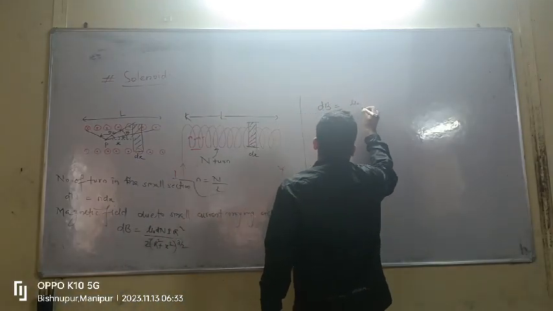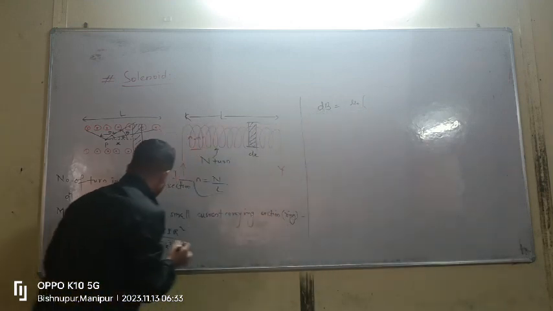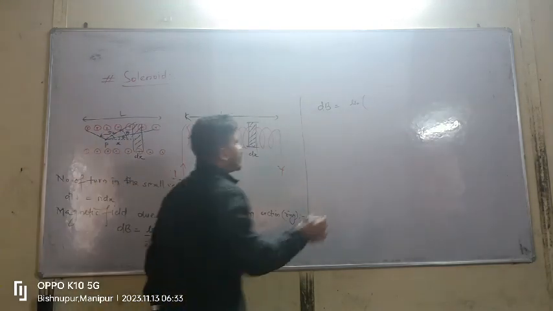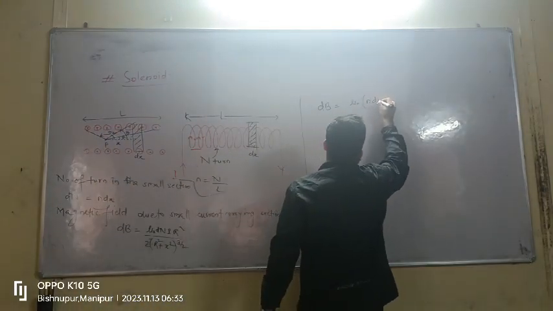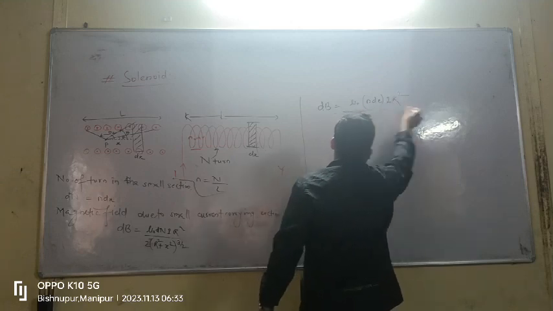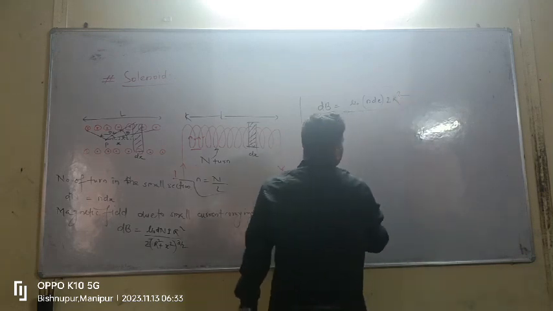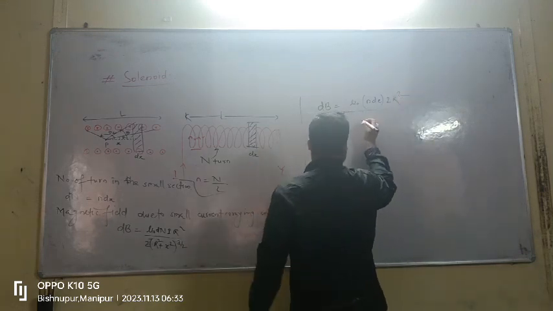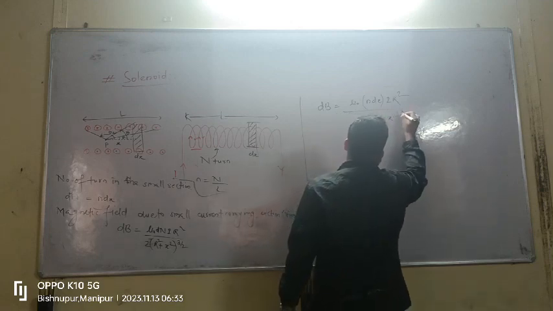Mu naught in place of I. Where is I? Oh, I is there. What is dn? n dx into I r square. No, not r, r square was there. Yes, r square. Okay. What about the denominator? 2 into r square plus x square power 3 by 2.